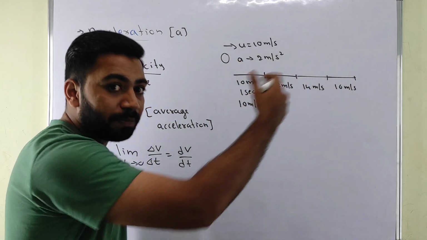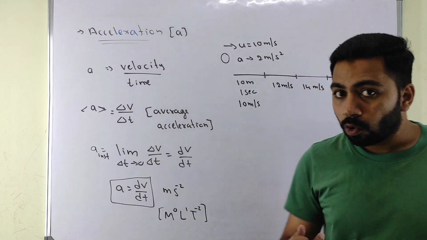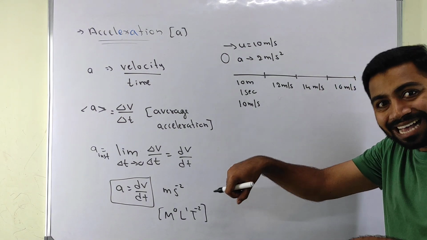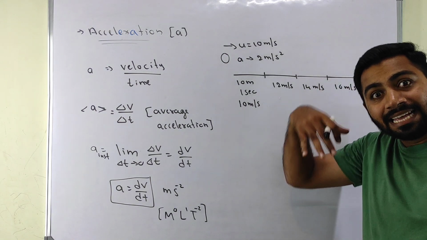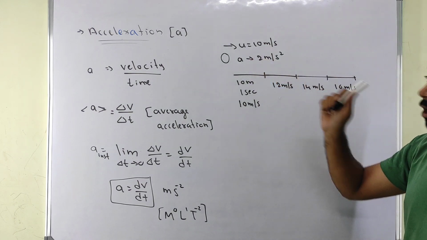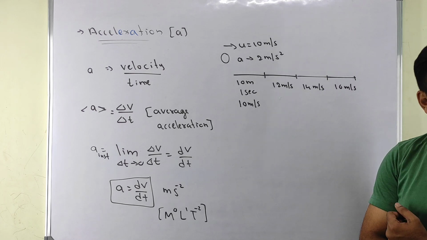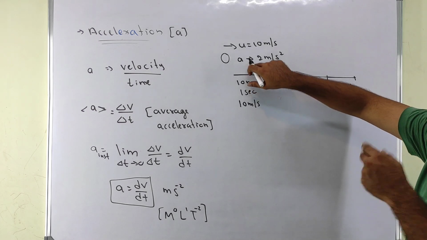Like this, slowly the velocity will increase in the same direction. First velocity was 10, and due to this acceleration it is increasing by 2. So what is the main thing about acceleration now?